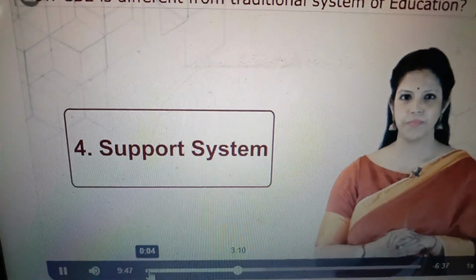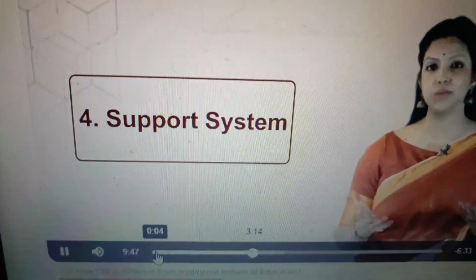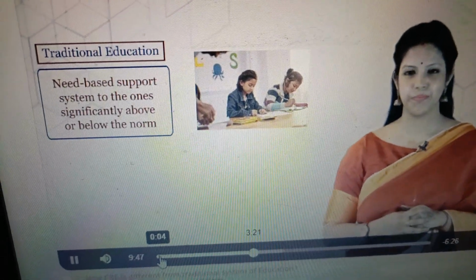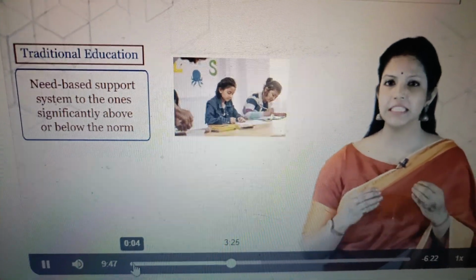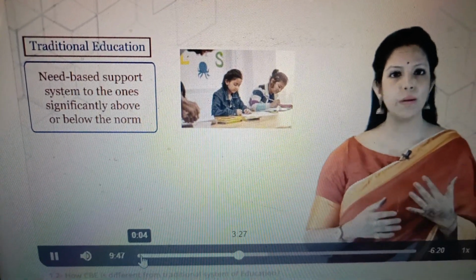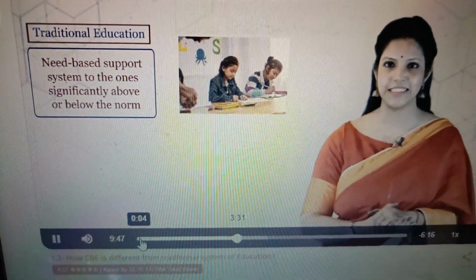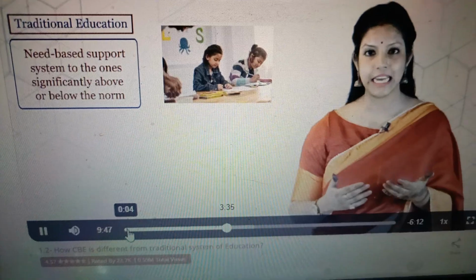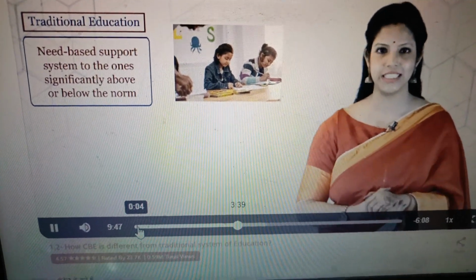Support system. How are support mechanisms in place for the two systems? The traditional system has a need-based support system. In this, students are helped if they are found to be significantly above or below the performance norm or grade level expectations, like special education for intellectually challenged students or gifted and talented students.